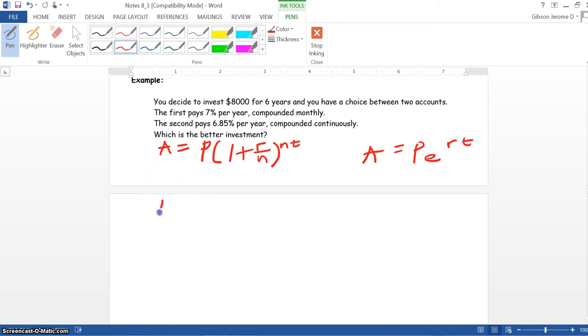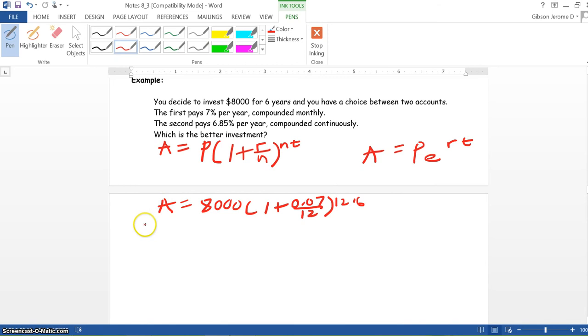So now we will go through and substitute. We have P, which is 8,000, and 1 plus, we have our rate, which is 7%, which is 0.07, all over, it says it's compounded monthly, so n is 12. And then we will have 12 times 6, because t is 6.